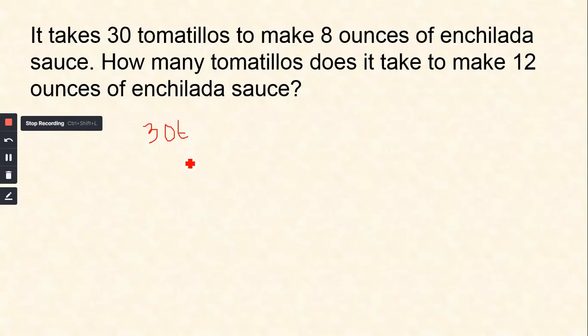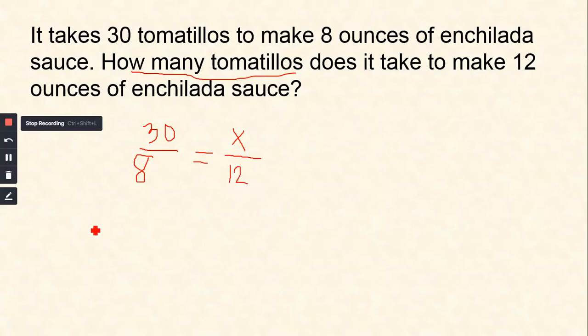Then, how many tomatillos does it take to make 12 ounces of enchilada sauce? So you're going to represent the unknown number of tomatillos as X. So you have here 12.